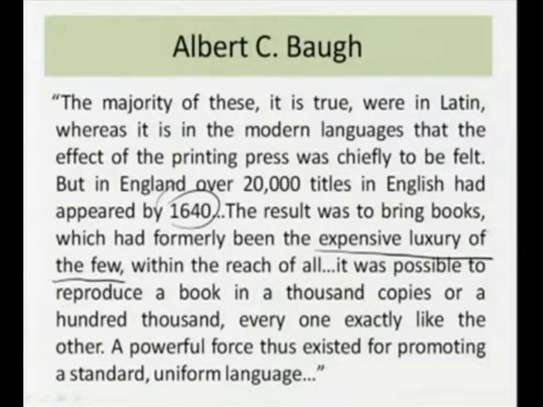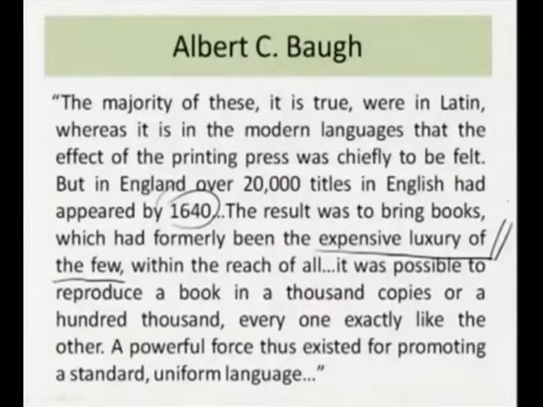Things no longer stopped at this. Books were no longer things of luxury that were available only to the rich, or only in manuscript form in abbeys or churches or in other libraries. As Baugh says, the result was to bring books which had formerly been the expensive luxury of the few within the reach of all.